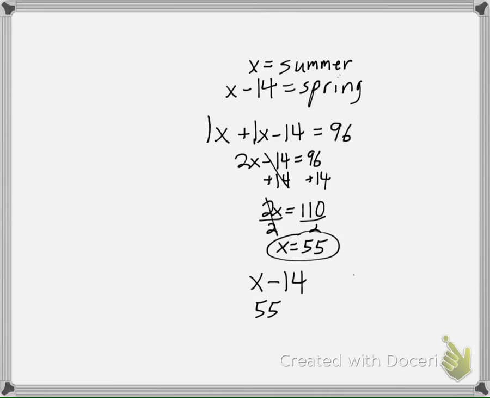So we have 55 minus 14, which is 41 cars washed during the spring car wash. So, same thing, you've got to make sure you're answering the question that's being asked. Always make sure you pay attention to what the question is to make sure that you fully answered.